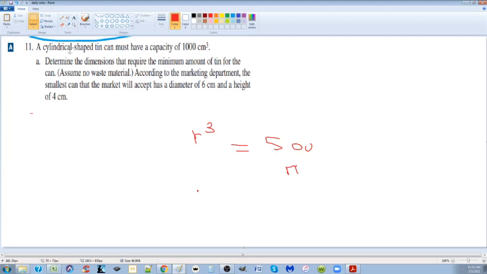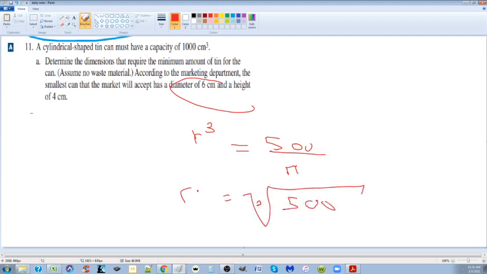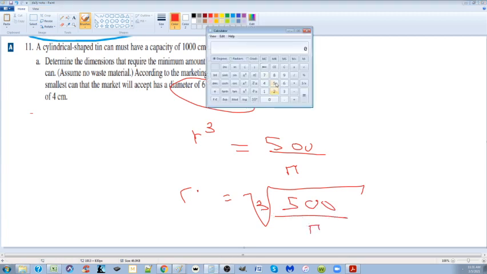I believe they want it in actual diameter, so I actually think you have to do this division. But before we do, we know we're going to take the cube root of it. So let's take the cube root of that, 500 divided by pi. And then we're going to take the cube root.